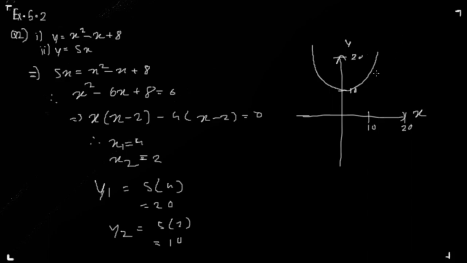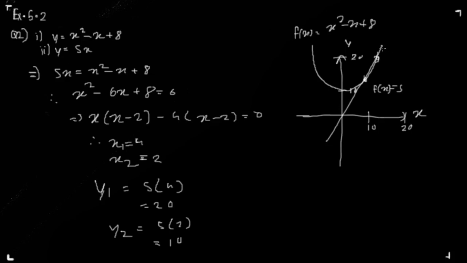Now this is the linear one, which is 5x. So this is f(x) equals 5x. And this is f(x) equals x squared minus x plus 8.